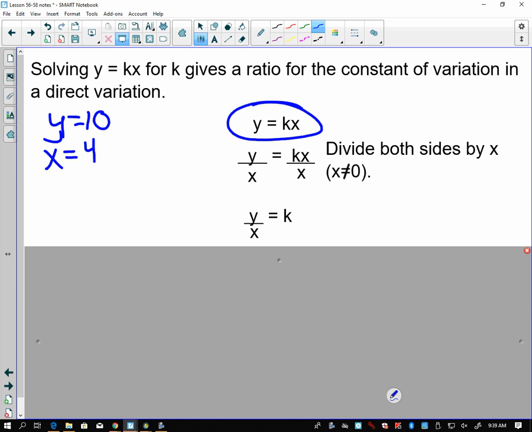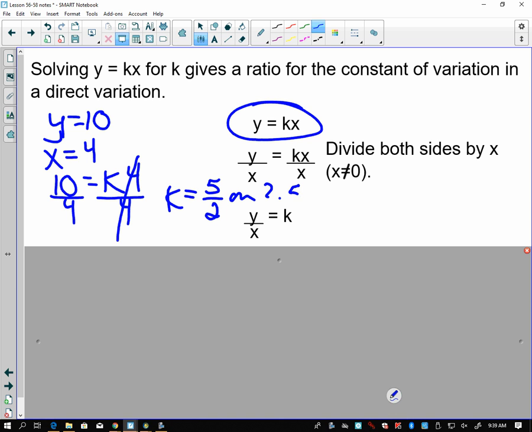How do I set that up? Okay, and then what are you going to do? So the 4's cancel out here. What's 10 divided by 4? Or 5 halves, right? So k equals 5 halves or 2.5.